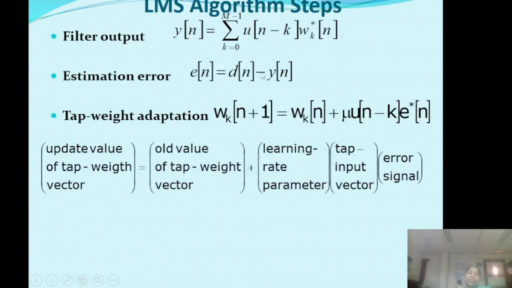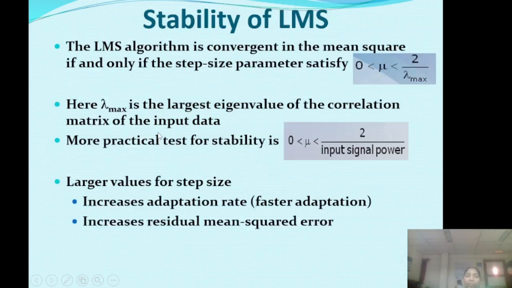Then we estimate the error signal, the desired output minus the actual output. Then the new weights are wk of n plus 1 equal to wk of n plus the learning rate parameter nu times u of n minus k, the input vector, times the error signal. This is the adaptation algorithm to implement in the adaptive filter.